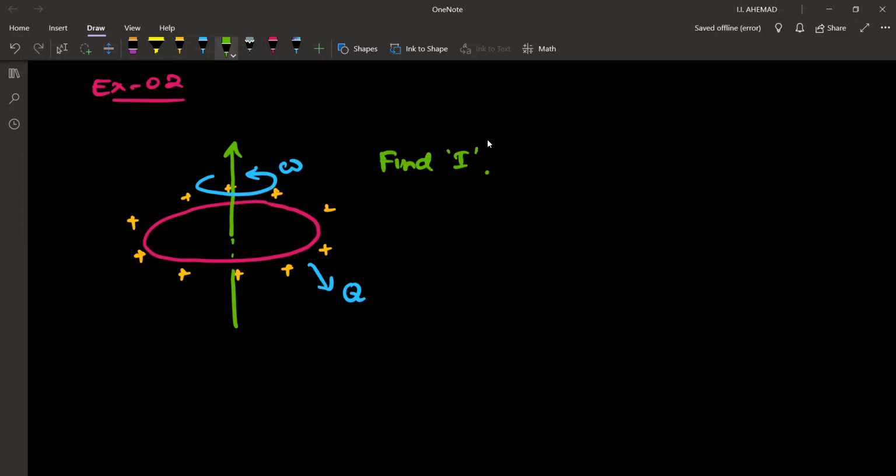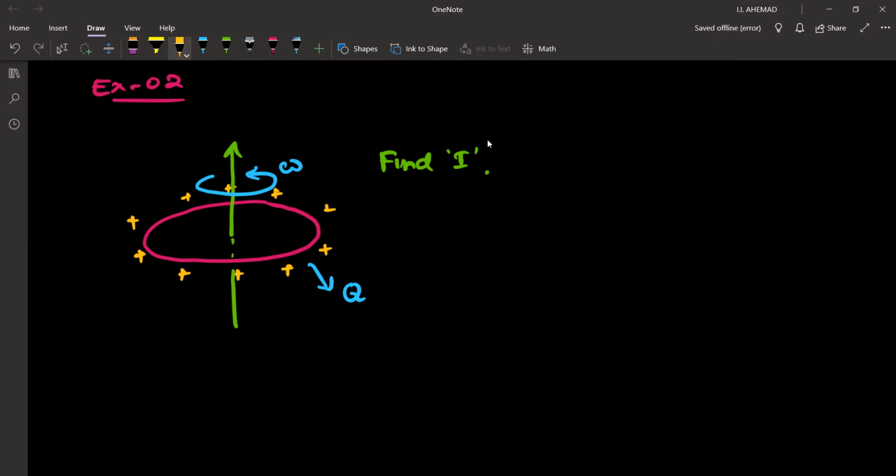We know that I is the rate of flow of charge. Now, if we rotate a charged ring, it is just like the charges are moving. Therefore, we can consider that as current. To find the current I, let's think about the units.